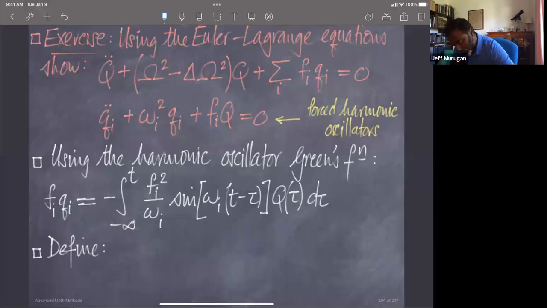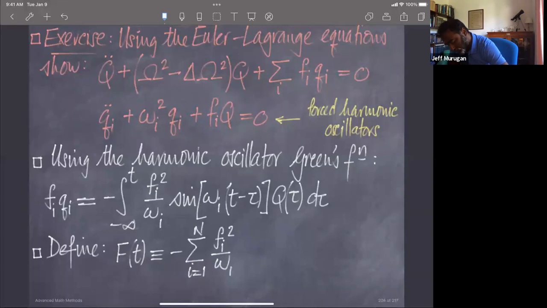I'm going to define the function capital F of t, and capital F of t is going to be minus the sum over i of Fi squared over omega i sine of omega i times t. And this is called the memory function in the literature.